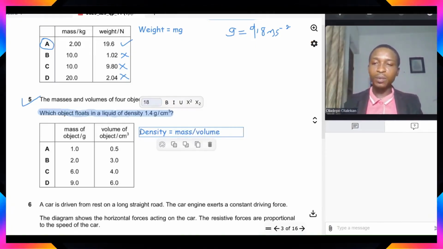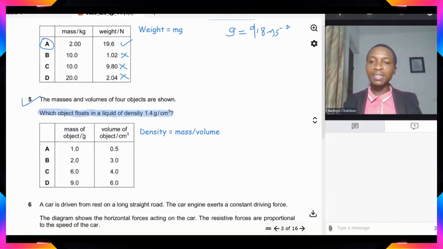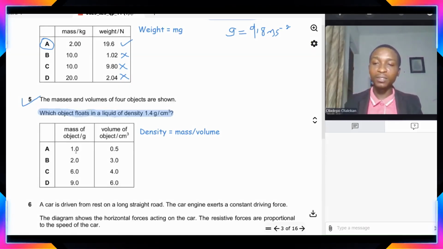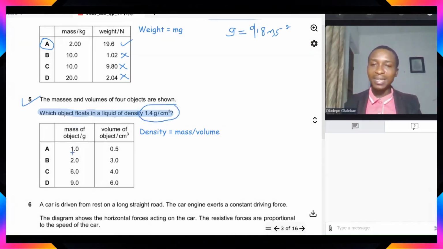For us to know the one that will float, an object will float according to the law of flotation if the density of the object is lesser than the density of the liquid in which the object is immersed. And don't forget, the density of the liquid is 1.4 gram per cm cubed. Definitely, the one that has lesser density compared to that of the liquid is the one that will float.